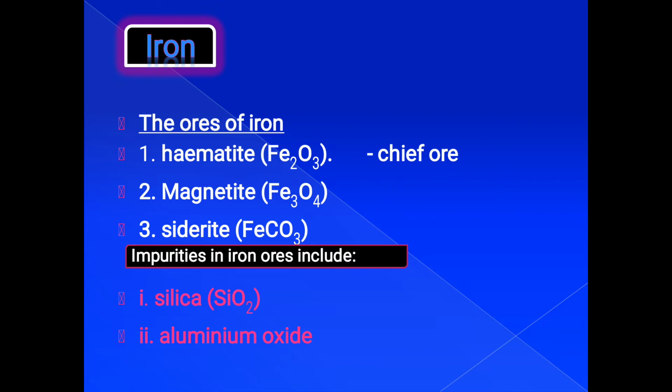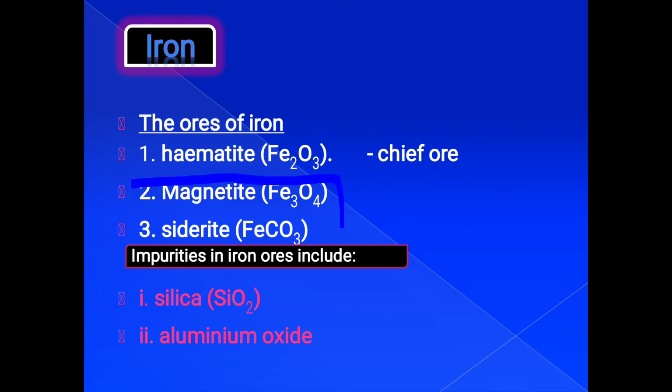And to begin, we look at the ores of iron. We need to know from what ore iron is extracted. And the first ore is hematite. Hematite is simply iron 3 oxide with this formula. And this is the chief ore, the ore from which iron is extracted. We also have magnetite, which is this, iron 4 oxide. And we also have siderite, which is basically iron carbonate.